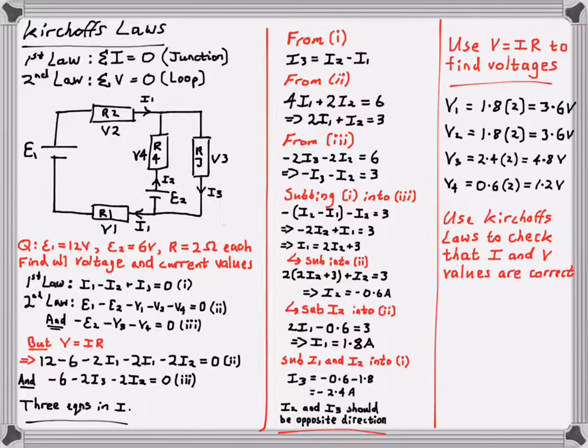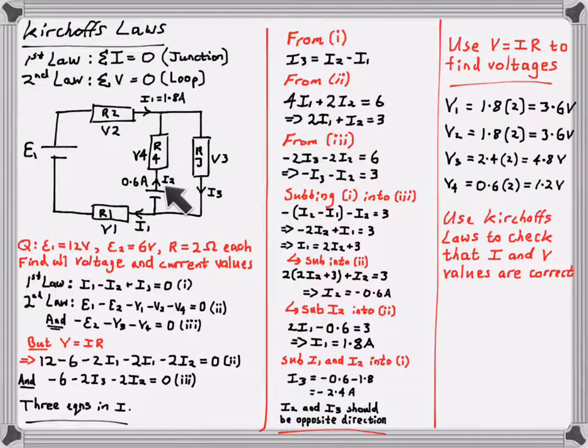If I get the sum of those current values, well, I1 up here is going to be equal to 1.8 amps, from down here. I2 is going to equal 0.6 amps. And if you're saying, well, hang on, he said that I2 is equal to minus 0.6 amps over here. But remember, the minus just told me that I was going in the wrong direction. And I accounted for that when I changed the direction up here.